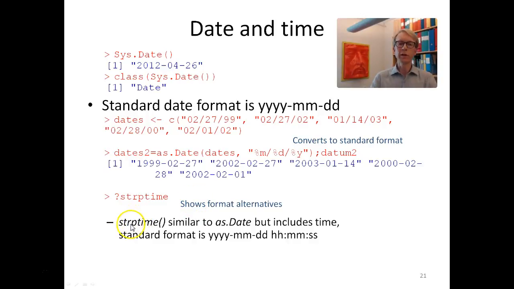POSIXlt is actually a date format as well, but unlike date, it also treats time, so it could contain both the date and the time, much like in Excel, where you have the date format, which could contain time as well. We won't go into that any further, but if you need to put these in the same object, then POSIXlt might be a better choice.